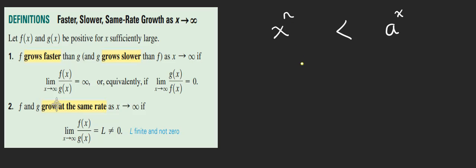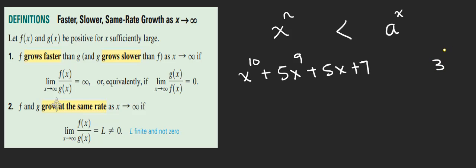So for example, let's say you got x to the 10 plus 5x to the 9 plus 5x plus 7. Let's say this is a polynomial, and let's say you got 3 to the x. Eventually, as x approaches infinity, 3 to the x will grow faster than this polynomial over here.